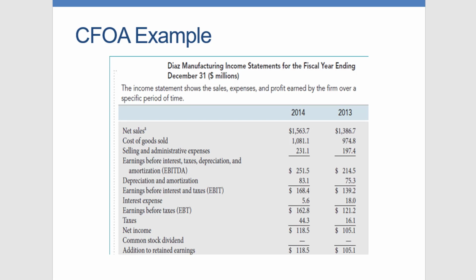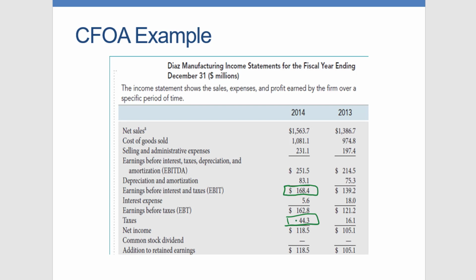If we were looking at our manufacturing example and wanted to calculate cash flows, here we have our net sales, cost of goods sold. This is our income statement, and we want to get to cash flows from operating activities. We start with our earnings before interest and tax, subtract any taxes we paid, and then add back any depreciation.